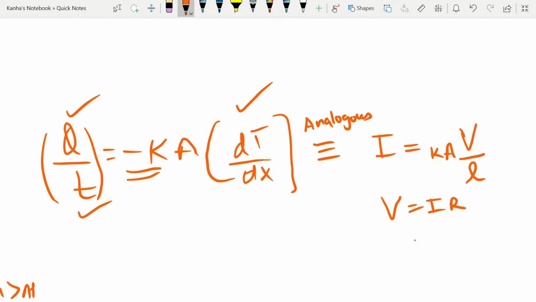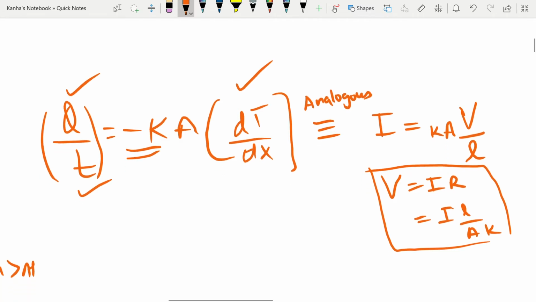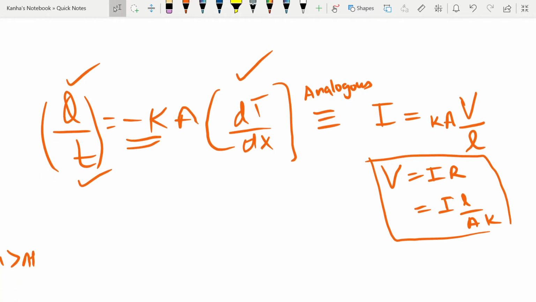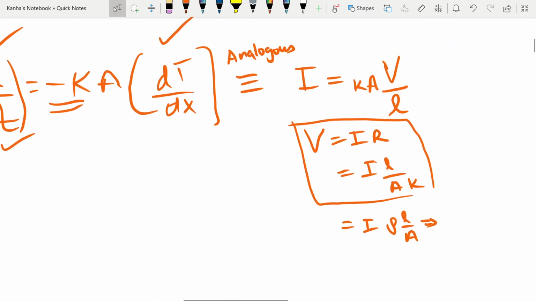So V is equal to I into L by A divided by K. So we already know what this really means. We know that this is equal to I into rho L by A. That implies my resistivity, or my analogous resistivity, is equal to 1 by my K.